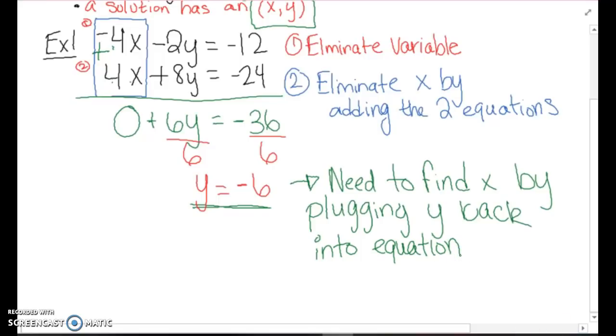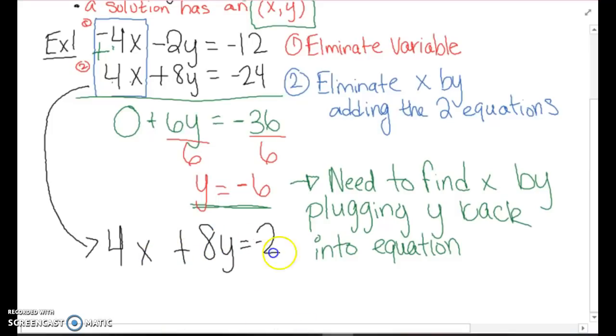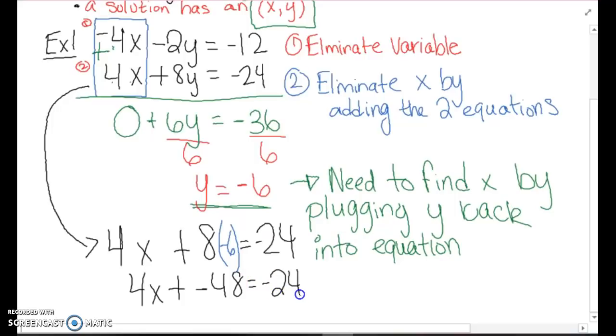So we had two equations to begin with up here, and does it matter which one we plug it into? No. So I'm going to choose the bottom one because it has less negatives. I'm going to bring that down. It's going to be 4x plus 8y equals negative 24. And we said y is negative 6. So I am going to get rid of y, and I am going to write negative 6. And now I'm going to solve for x. We got 4x plus 8 times negative 6, which is negative 48, equals negative 24.